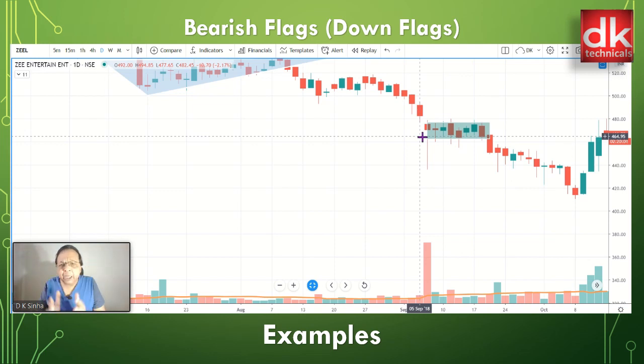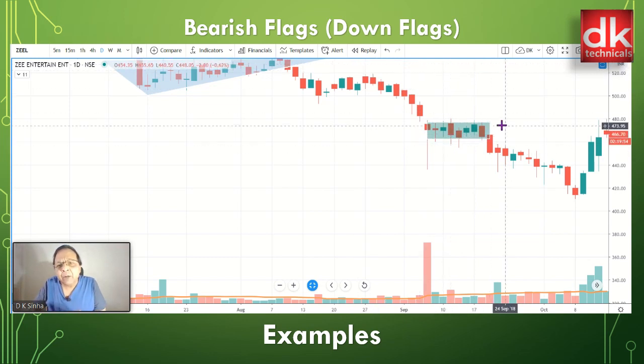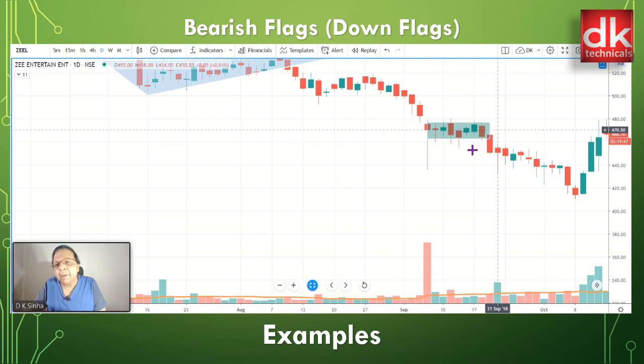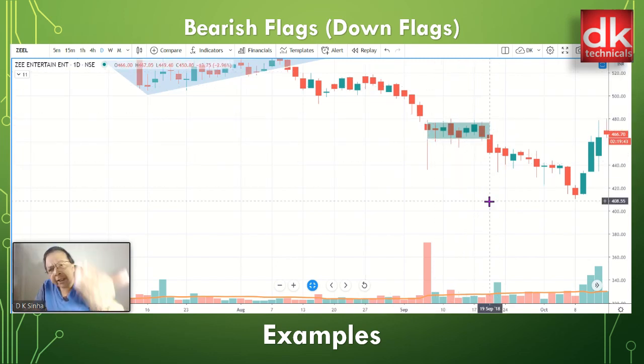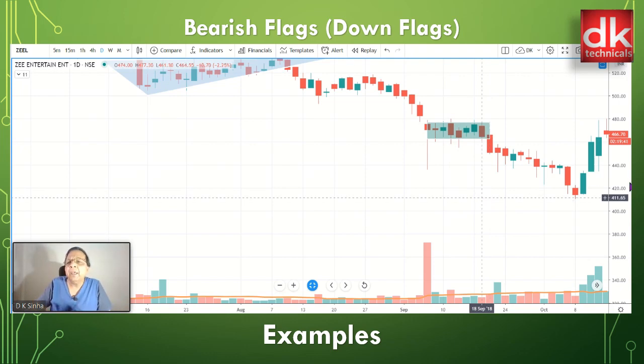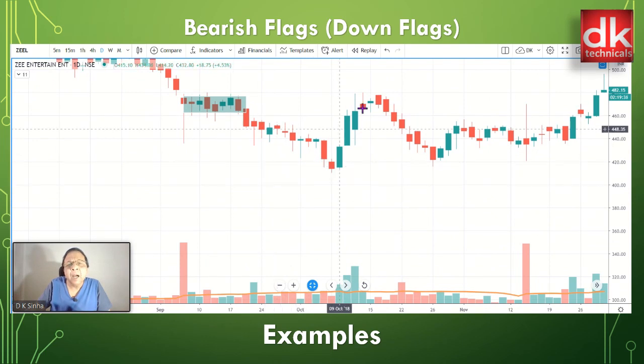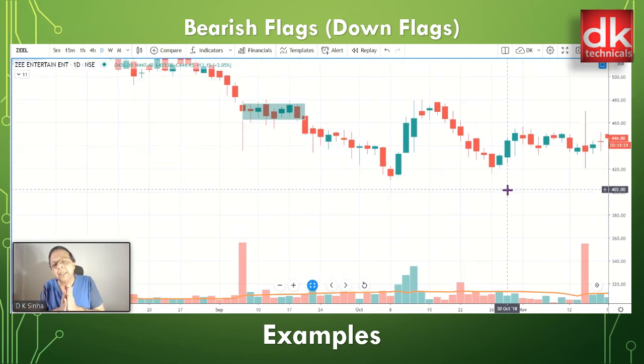So continuation patterns mean that once the breakdown has taken place, it was a pause of the market in a falling market for a certain time, and once the breakdown takes place, the original trend, which is a downtrend, will continue, and accordingly we find a target here. Once we reach the target, we can see another pullback has taken place, a down flag. Here we can see the flag pattern, and this is how we set the target.